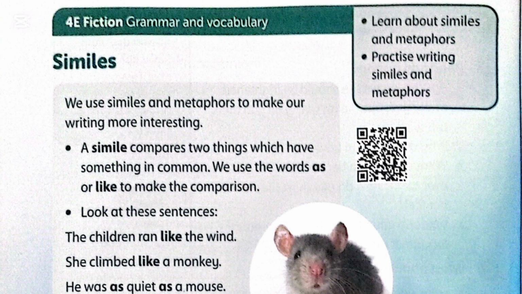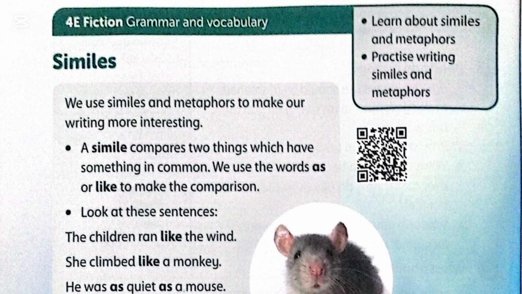So in a simile, we make a comparison on the basis of commonality and we use the word as or like to make the comparison. For example, look at these sentences. The children ran like the wind. It means that the children were running very fast, so fast that it felt like the wind was blowing.